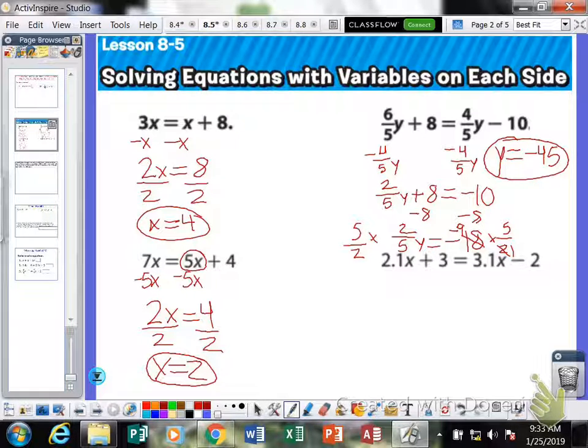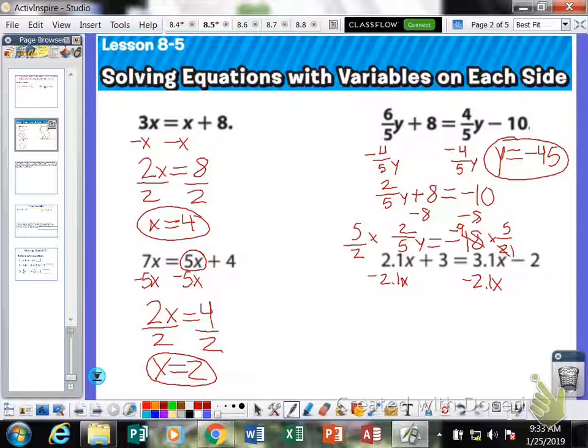For our last problem here, same idea. I'm going to make it a little bit easier on myself and start by subtracting 2.1x from each side. Yes, you could start by subtracting 3.1x from each side.